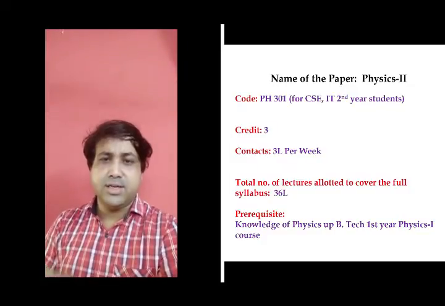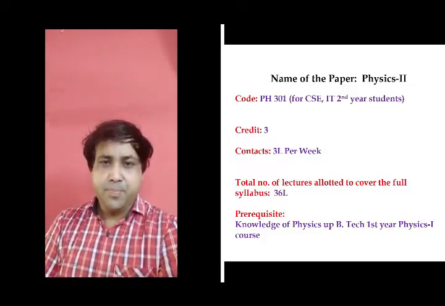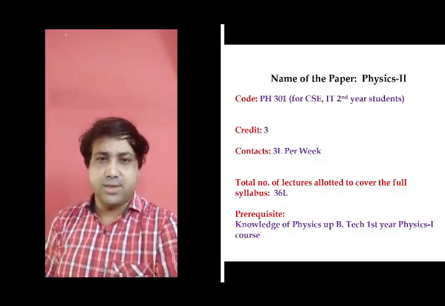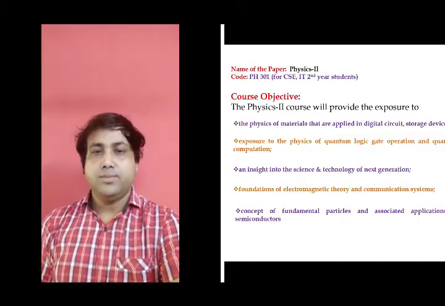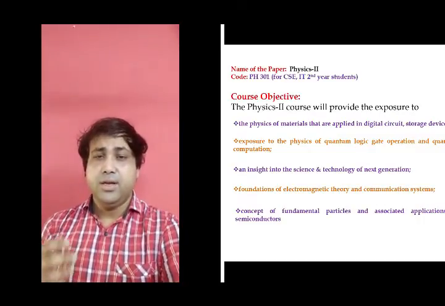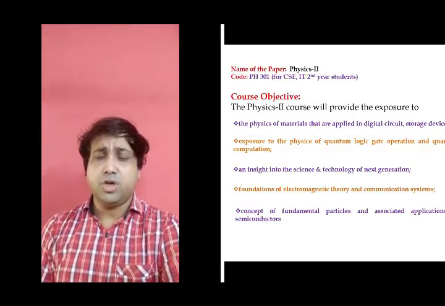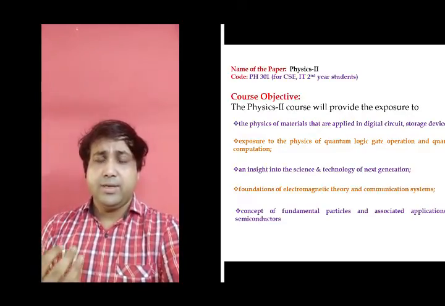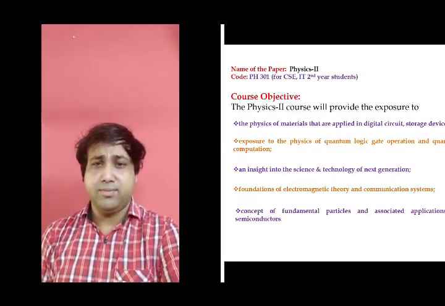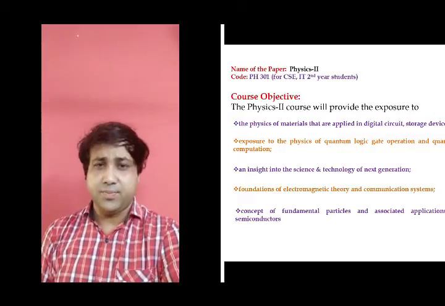Now these courses are there to attain some of the program outcomes. So our course has some course objectives and obviously some course outcomes. Now the course objective of this Physics 2 course for CSE and IT students is to introduce topics, to apply quantum mechanics for learning the latest computation called quantum computation, and to learn quantum logic gates.